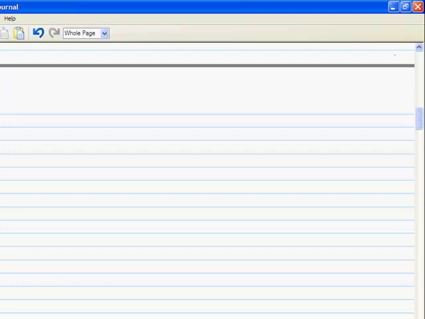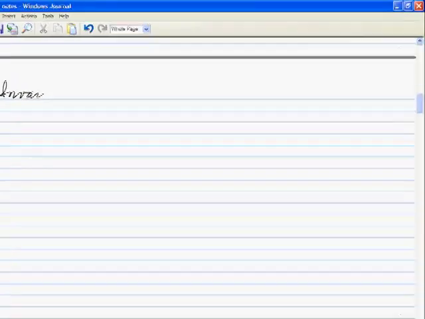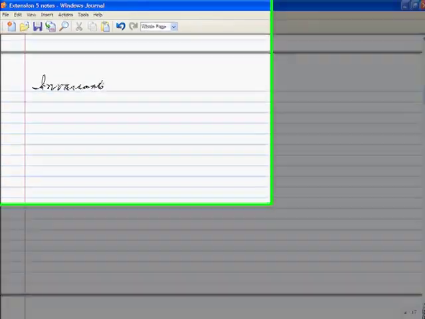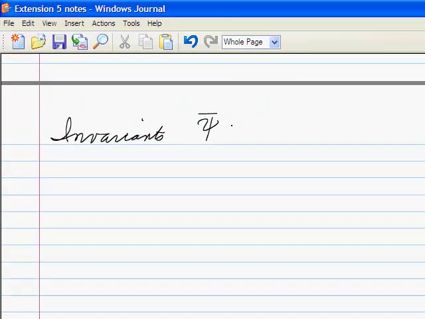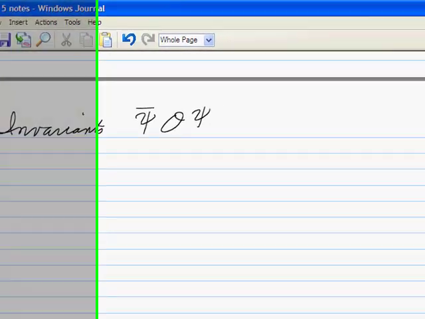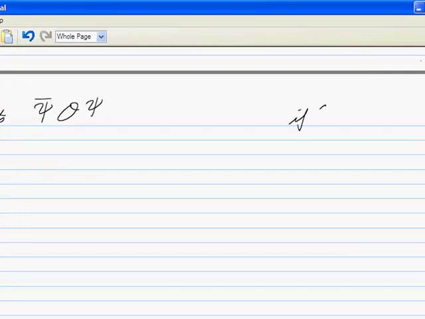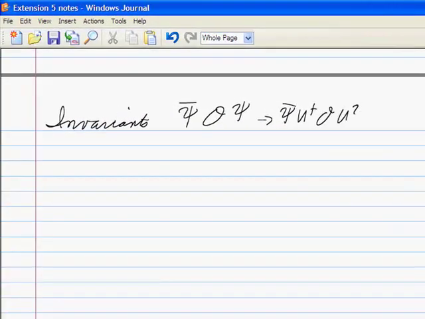Okay, so invariants. If I have in a Lagrangian psi bar operator psi, and the operator is proportional to the 2 by 2 unit matrix, then that just turns into psi bar u dagger O u psi, which is psi bar O psi.